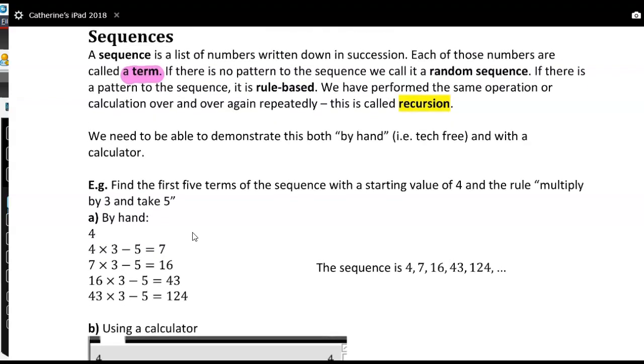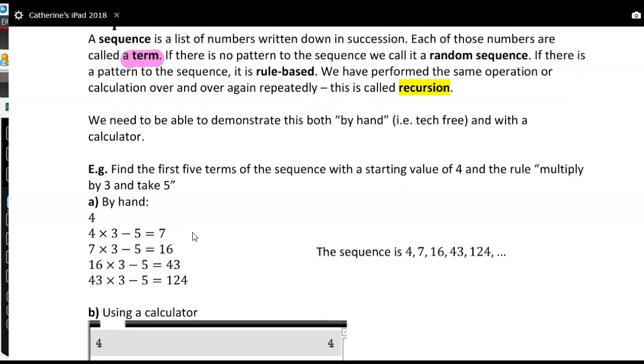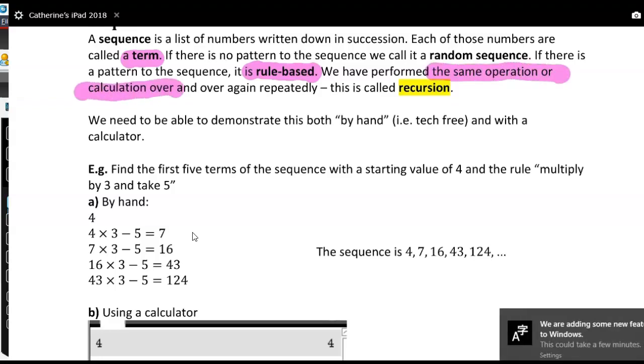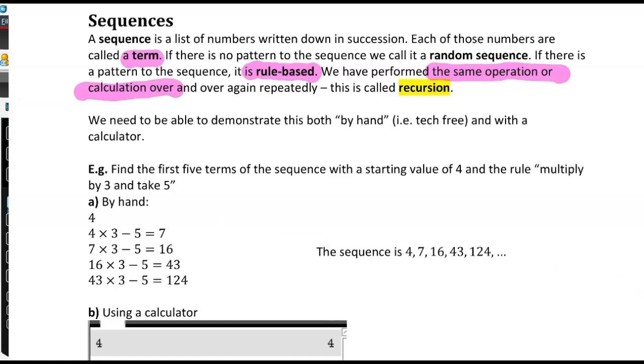Okay, so if there's no pattern in the sequence, we call it a random sequence. But if there is a pattern, it is rule-based, and that's what we really focus a lot on, our rule-based sequences. And if we perform the same operation or calculation over and over again, this is called recursion.